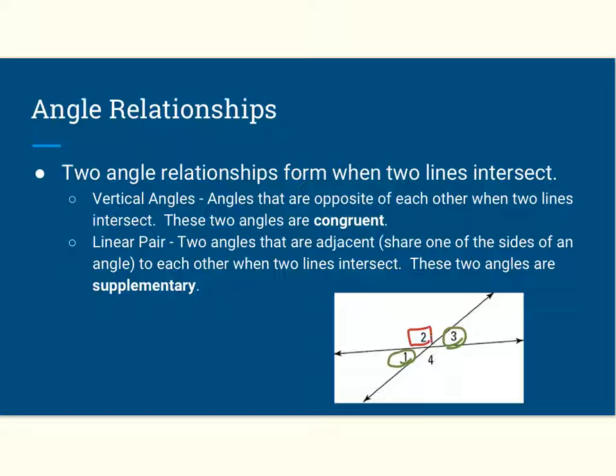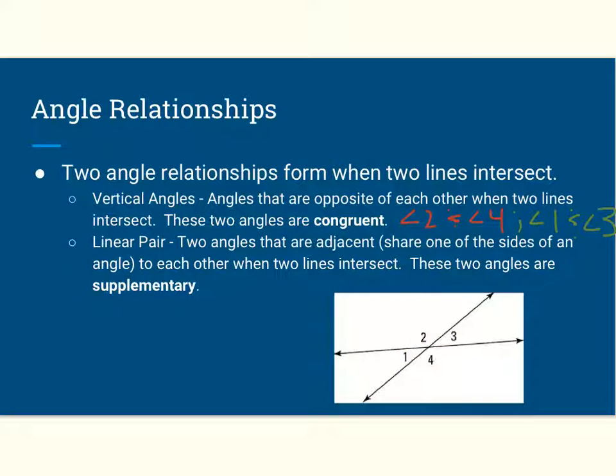Or 2 and 4. Those are also vertical angles. An important thing about those: they are congruent, so they have the same measure.